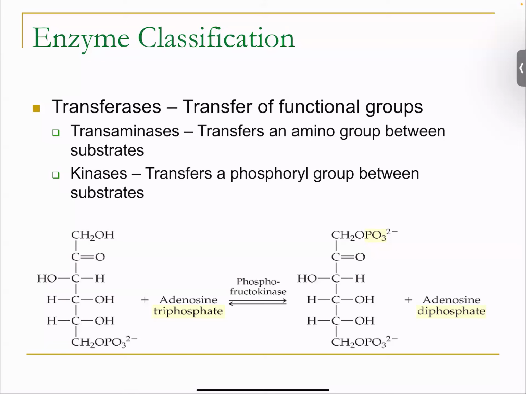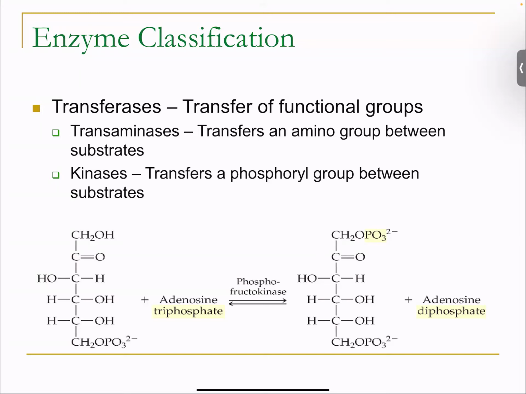But a kinase is an extremely important enzyme. Kinases are actually how we get our energy. They take place in the glycolysis cycle or the citric acid cycle. You're going to run into kinases in the electron transport chain as well. A kinase is something that transfers a phosphoryl group, a phosphate.